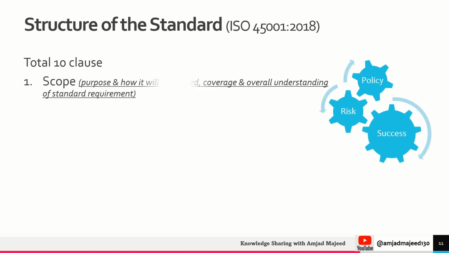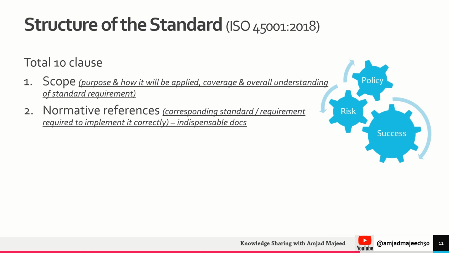Now the structure of the standard is that it has a total of 10 clauses. The first clause is the scope, which explains the purpose and how this standard will be applied, what it is covering and what is not covered. So you can see the overall understanding of the standard requirements within this clause.